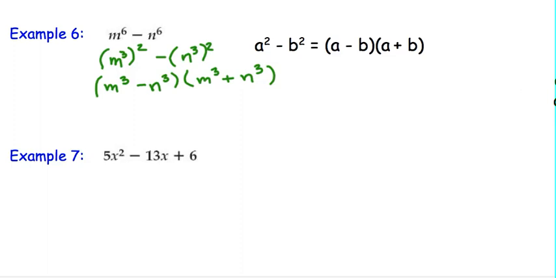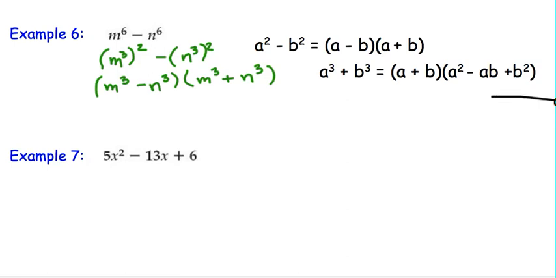So I need to use those formulas from up above, so let me get these 2 formulas that we're going to use. Hang on a second. Let me pull this other formula out. And now we're going to apply that to what I have here in these sets of parentheses.